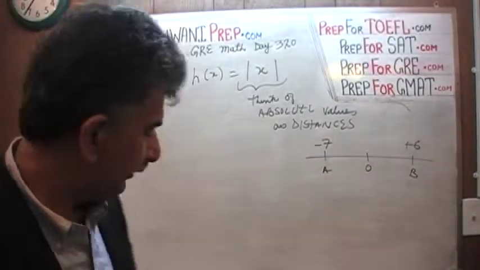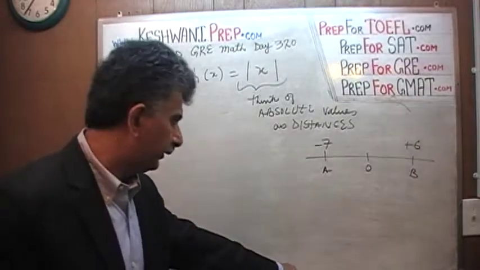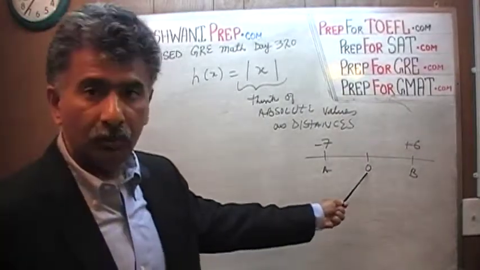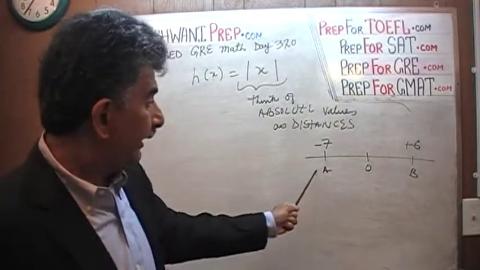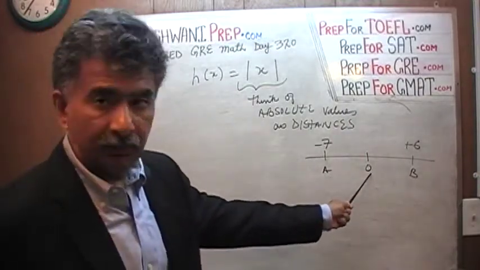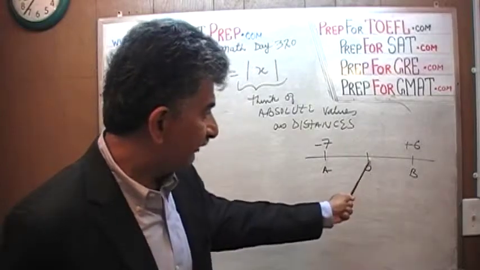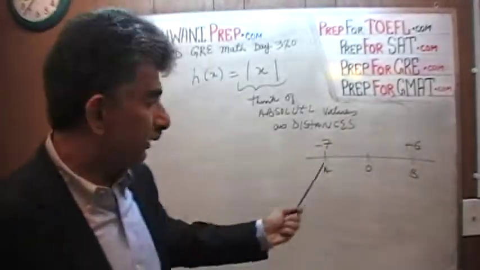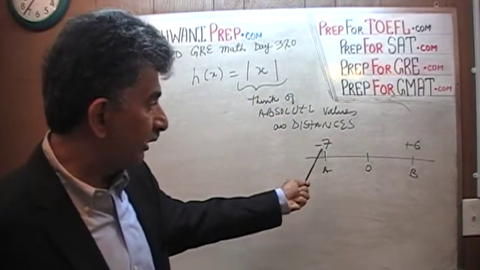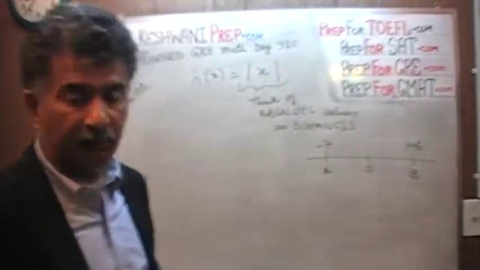You'll see the reason why in a second. This is your town O. We're showing a number line, obviously. There is a 0. A is 7 units away from 0, and B is 6 units away from 0. Now, in terms of the number line, of course, A is -7, B is +6.